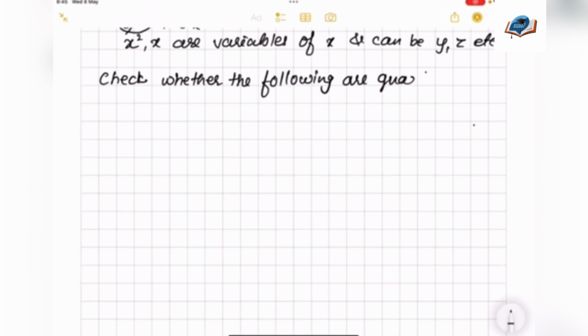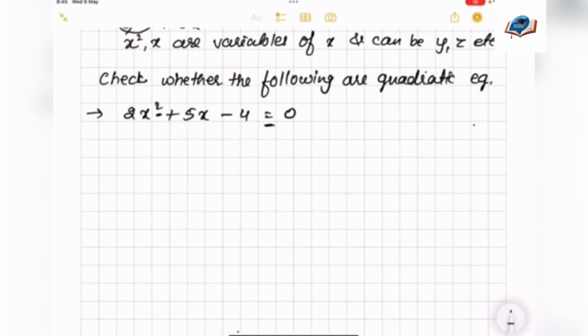See, the definition of quadratic equation says it should be in the form of ax square plus bx plus c. So let us see an example, 2x square plus 5x minus 4 equal to 0. So the equality sign is there. The highest degree of the polynomial is 2. So I can say it is a quadratic polynomial.